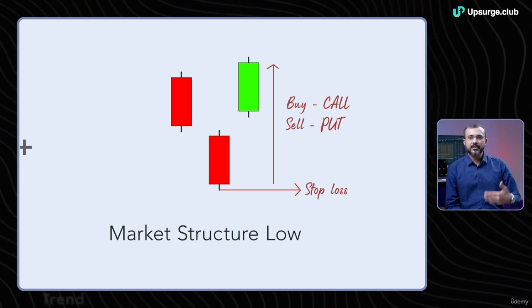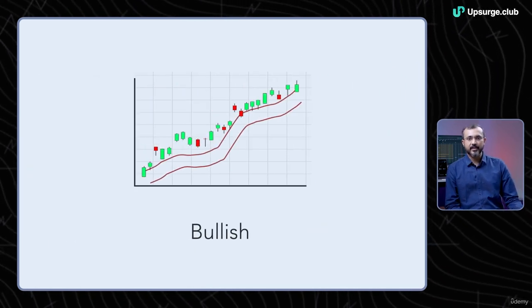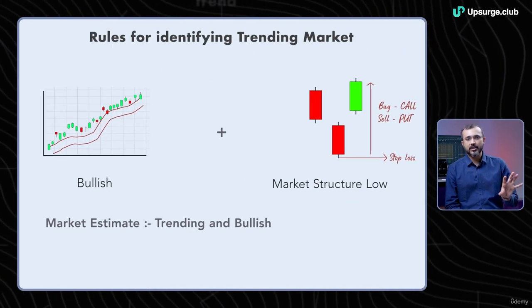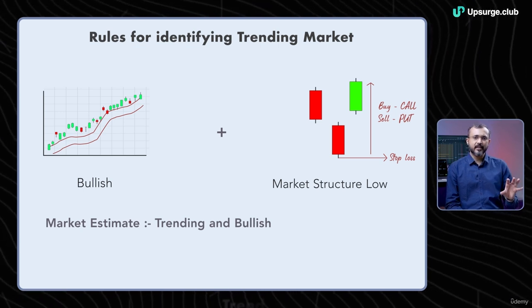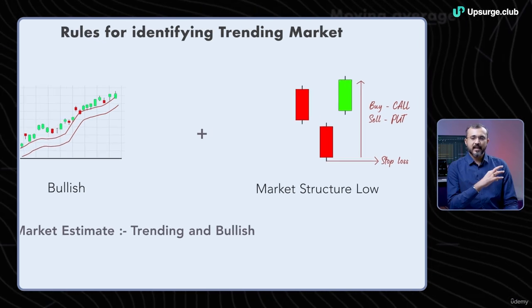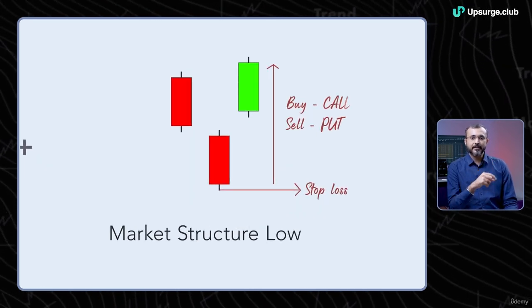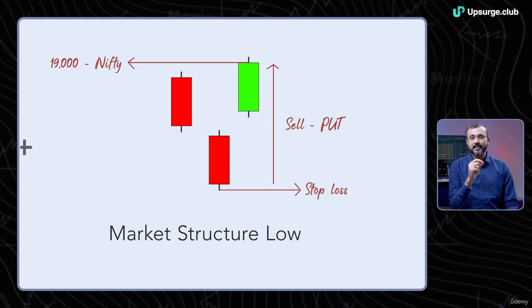When a market structure low is formed, the trend is bullish and price is trading above the moving average, the moment the market structure low is formed, we identify a strike 200 points in the money. Let's say, for example, the market structure low pattern gets completed when Nifty is at 19,000 levels.